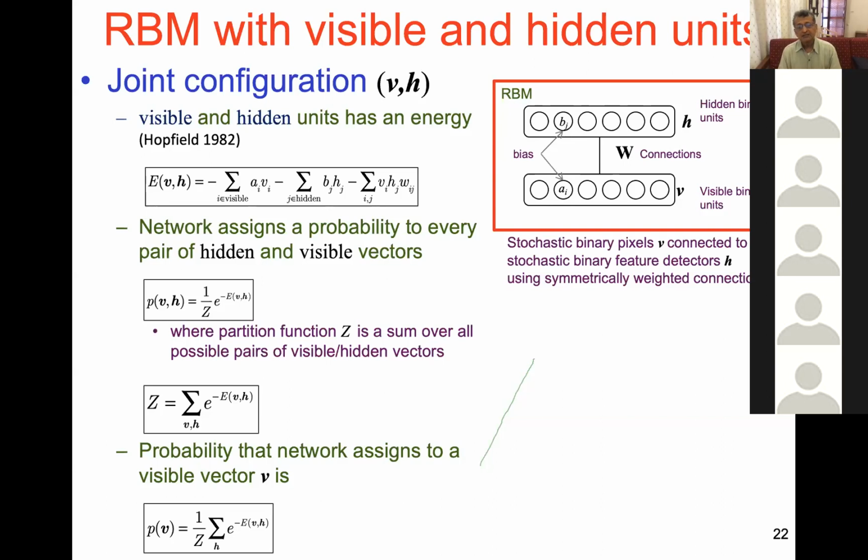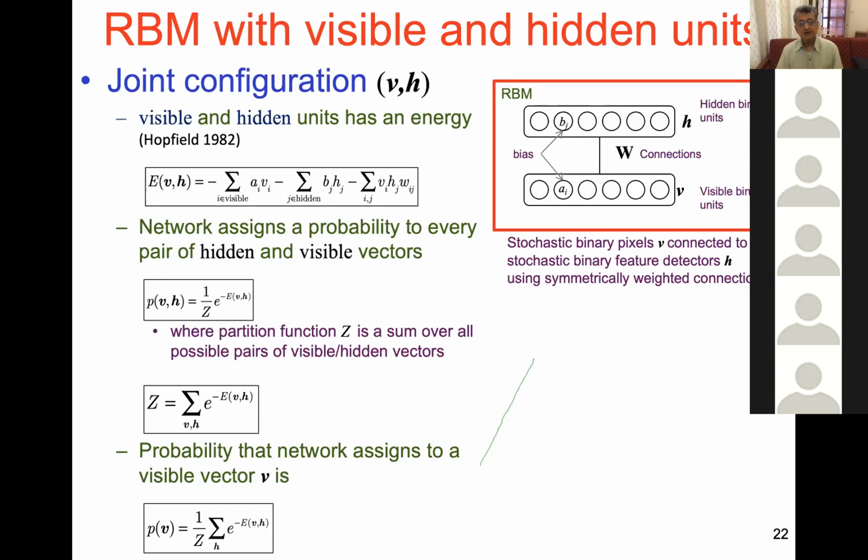He said this kind of network has an energy function and an associated probability distribution. The energy function is the summation of AI VI over all the visible, plus the summation of BJ HJ over all the hidden, plus VI HJ WIJ, the interaction with the W connections over here.